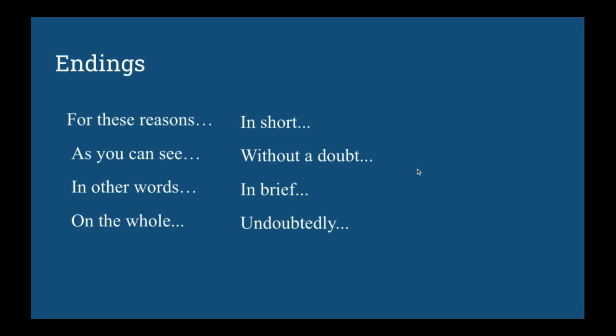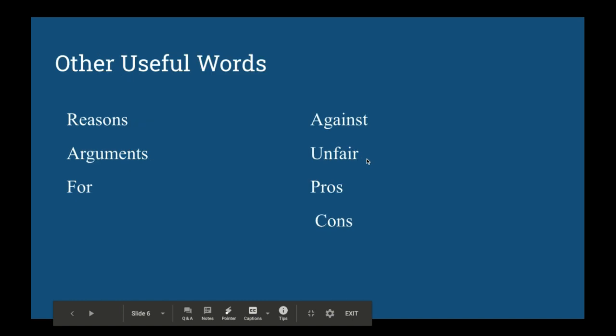Without a doubt, that's an example of strong language, which is good for argumentative writing. In brief is another way of saying like in summary. Undoubtedly, again, strong language. Undoubtedly, we should have art class.